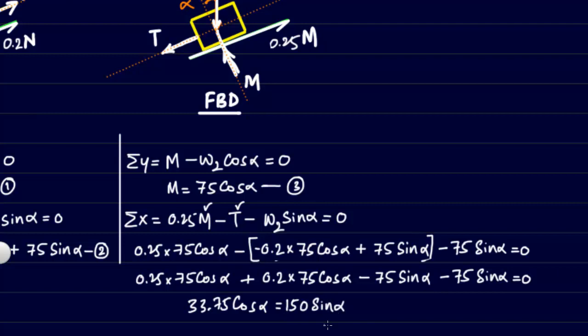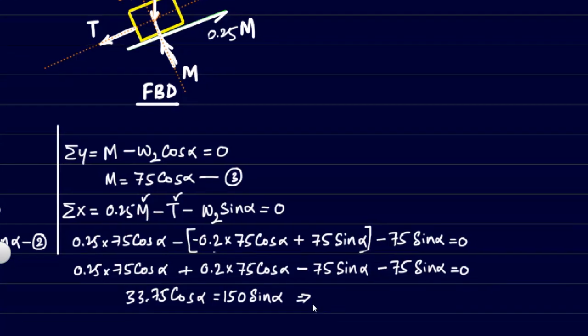So 150 sine alpha is what we get on the other side. Then let's do the cross multiplication. Let's divide by cos alpha on both sides, and by 150 on both sides. So that gives us 33.75 divided by 150 equals sine alpha by cos alpha.